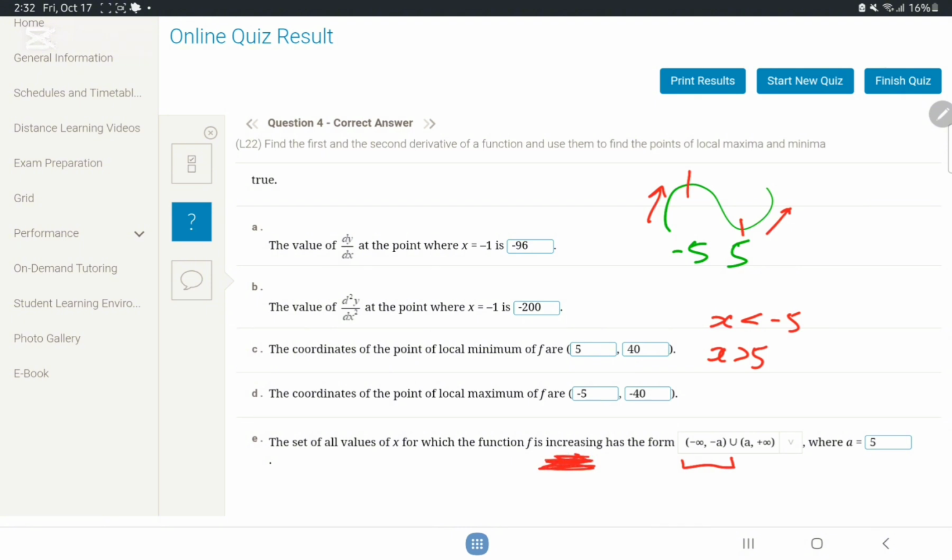Remember, increasing. And the same thing, union means or. If you satisfy this condition or this condition, in either condition they will be increasing. Not that both conditions must be satisfied for the curve to be increasing. No, it's either in this segment or in this segment that the curve is increasing.